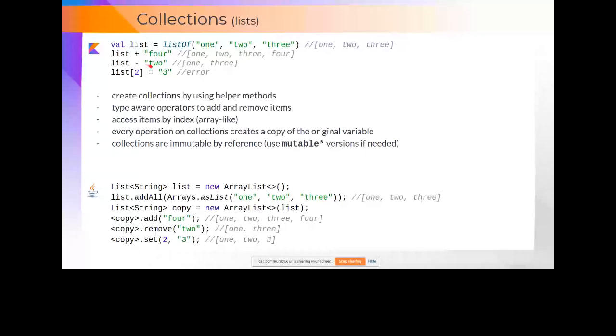But by default, Kotlin uses immutable collections, and this is also important because in Java you work on the same reference, and sometimes it can cause hard-to-spot problems. So Kotlin tries to force you every time to work on a new collection. So when we add a new value to this list, basically we get a new variable that holds a totally new list.